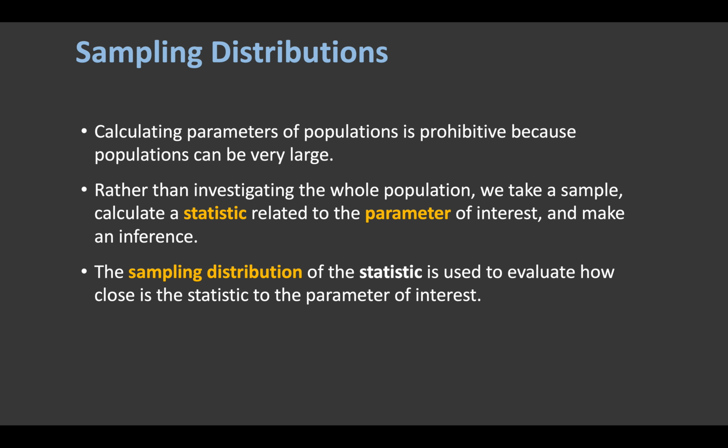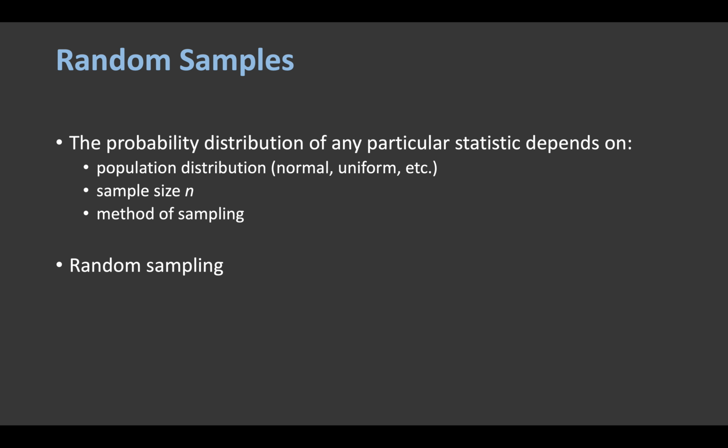About sampling distributions and random samples, we already said this, right? The probability distribution of any particular statistic depends on the population distribution. It can be a normal distribution or uniform distribution or exponential distribution, all the things we talked about before, related to the sample size, right?